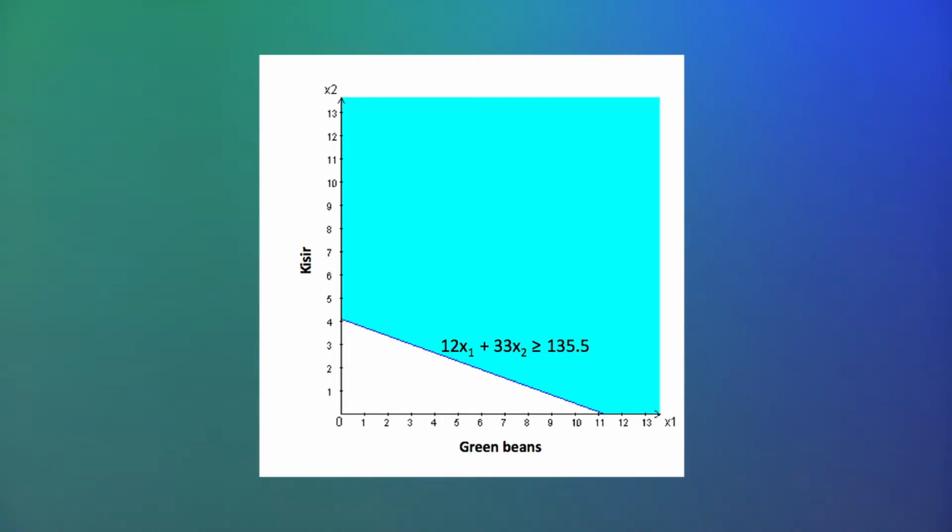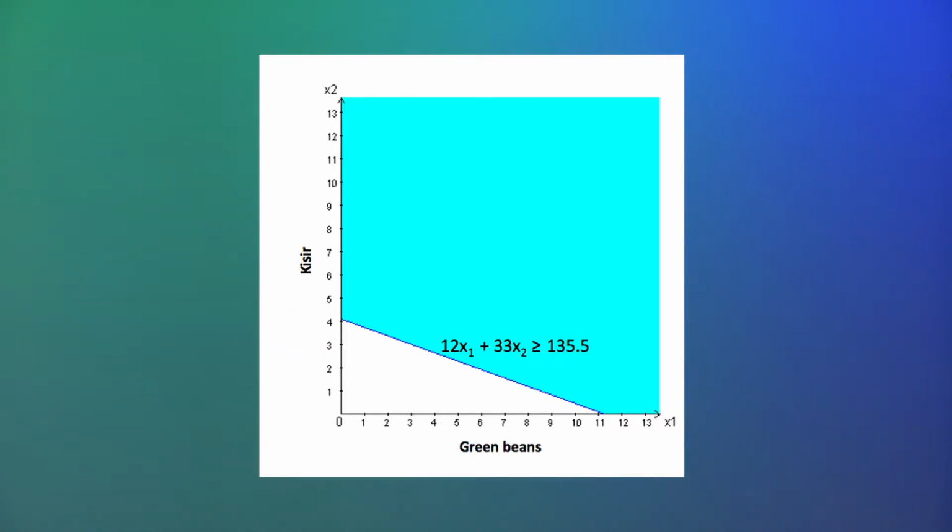In order to do this, we find 2 points, one on the x1 axis and the other on the x2 axis. If x1 is equal to 0, we must have x2 equal to 4.1. That's our first point.